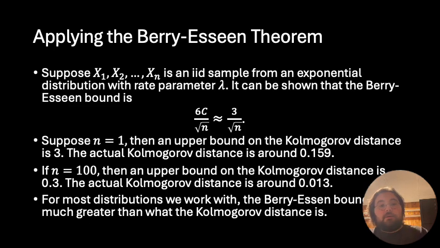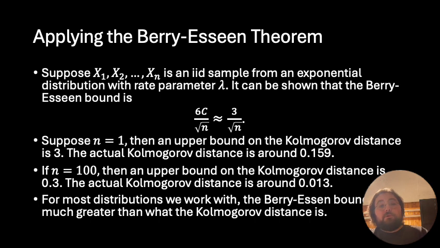So once again, we will assume the data is coming from an exponential distribution. It can be shown that the Berry-Esseen bound for an exponential sample is approximately 3 over the square root of n. Trying this out for a sample size of 1, the Berry-Esseen bound is around 3.